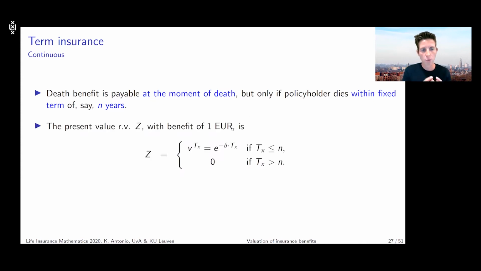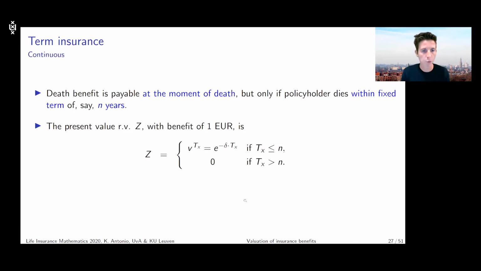So how do we represent the present value random variable Z? If the benefit is €1, then Z can be expressed as v to the power Tx if Tx is less than or equal to n, because there is a limit in duration of this particular contract. If Tx is beyond n, then the insurance will not pay any benefits.